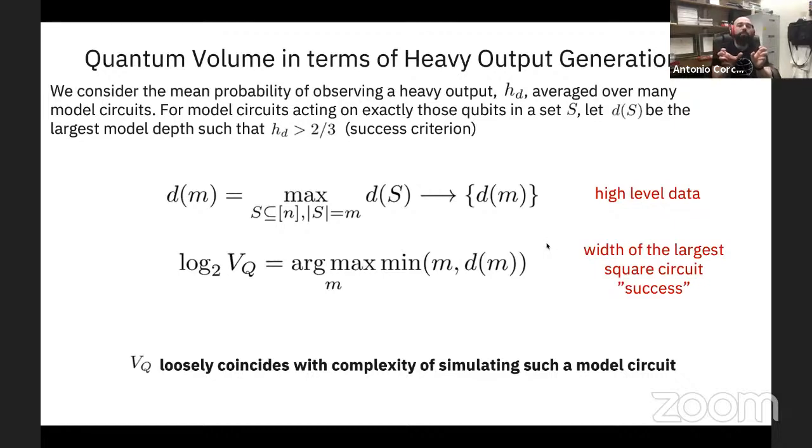So that's what it means by a square circuit. And then within that set of square circuits for different numbers of qubits, we look at the maximum. So if you can do 3 qubits with depth 3, but you cannot do 4 qubits with depth 4, we stay at 3, and then the quantum volume will be 2 to the 3, which is 8.